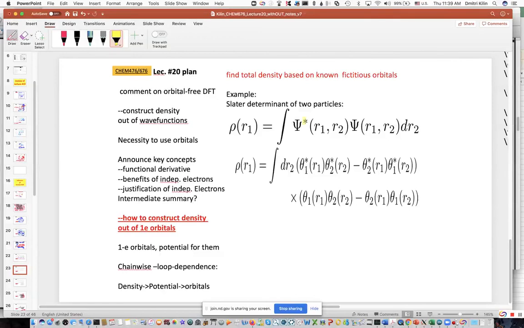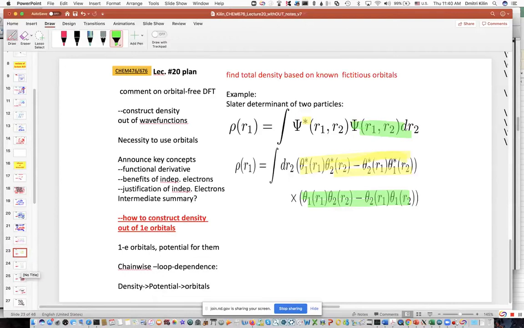So we multiply the wave function with star times the wave function without star. It is the natural desire to open brackets.